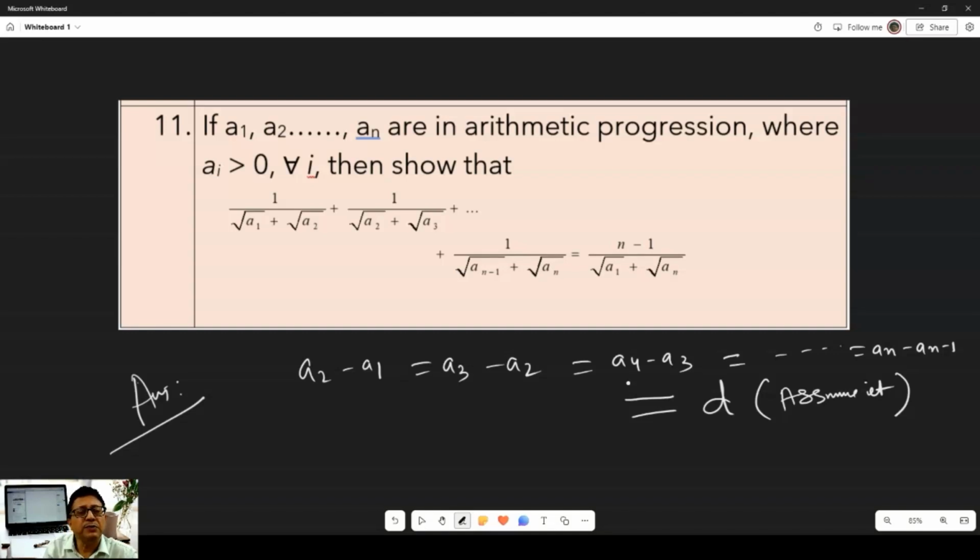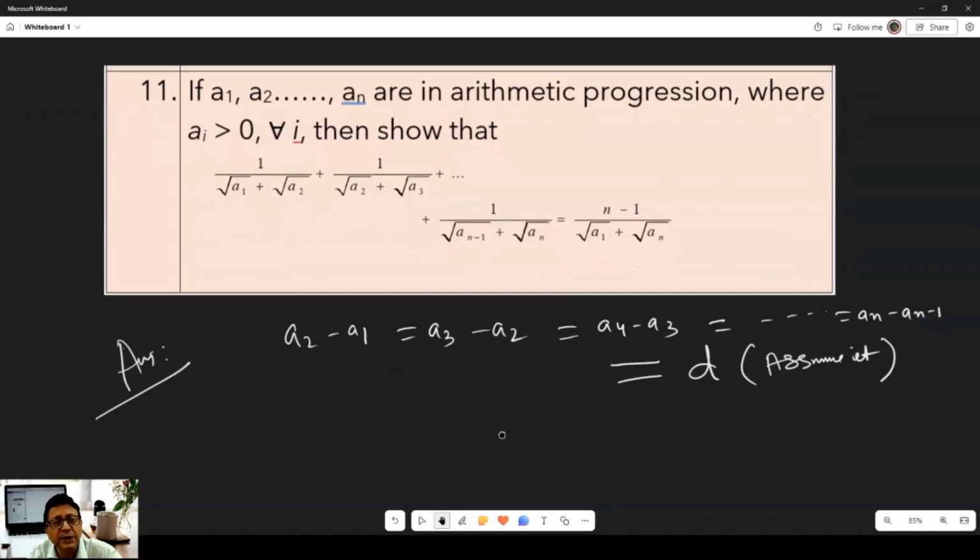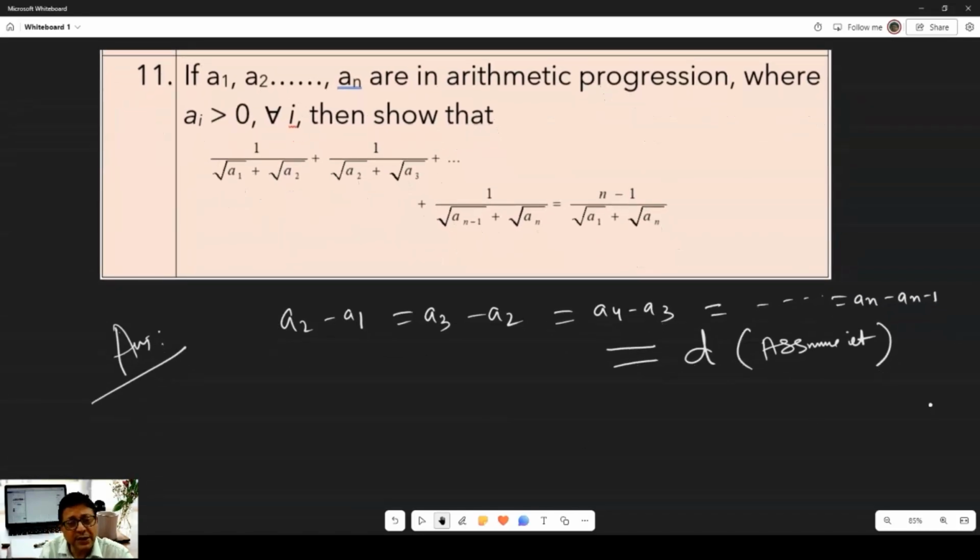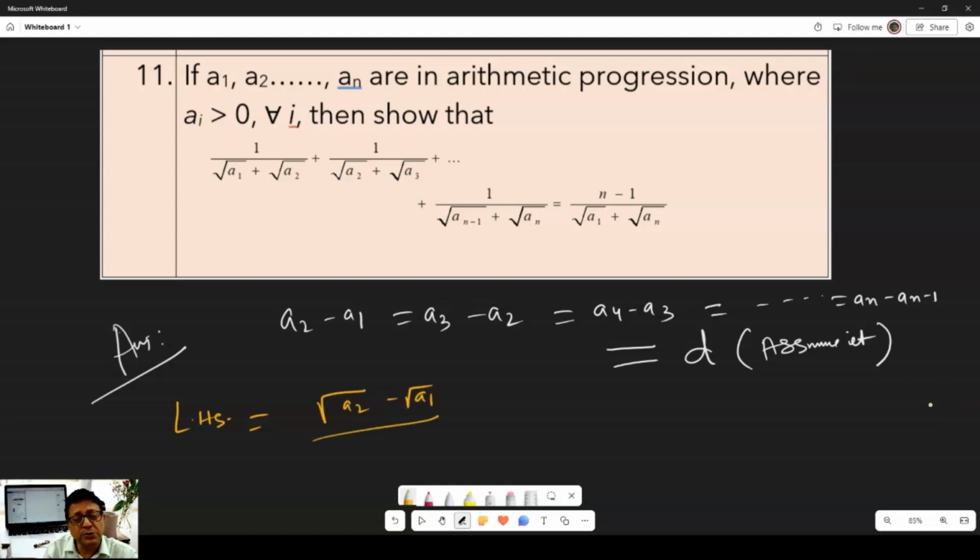Now to prove this one, you can see that root terms are given there. Don't worry, you can rationalize and then you can answer. I am just writing the expression they have given there. LHS, I am rationalizing, multiplying by root A2 minus root A1.